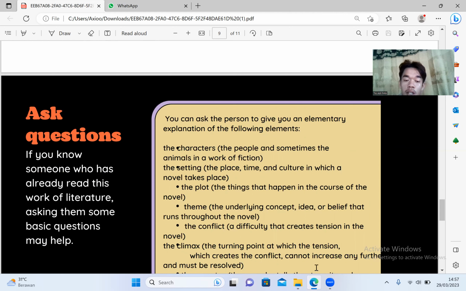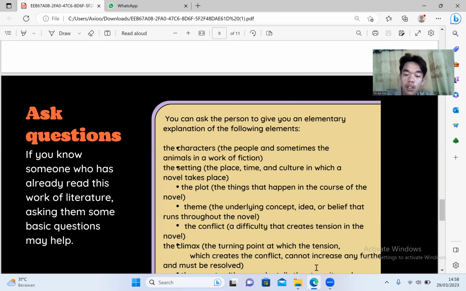Then you can ask about the setting, the place, time, and culture in which a novel takes place. Then the plot, the things that happen in the course of the novel. Then the underlying concept, the idea or belief that runs throughout the novel.